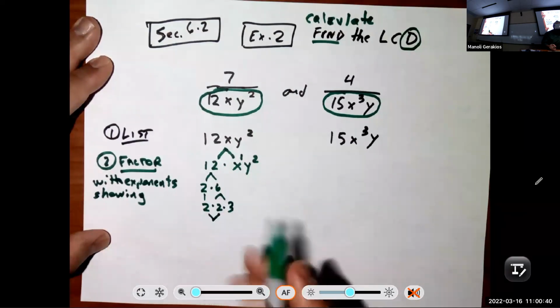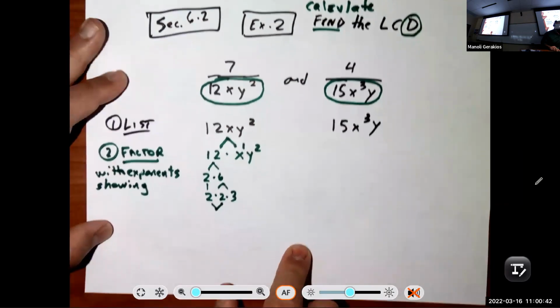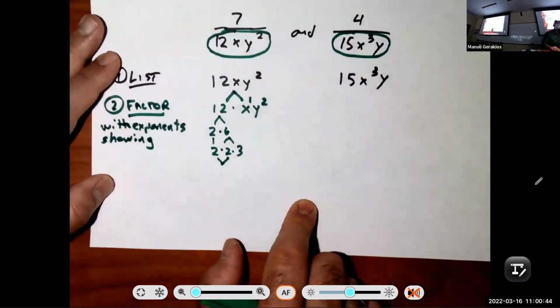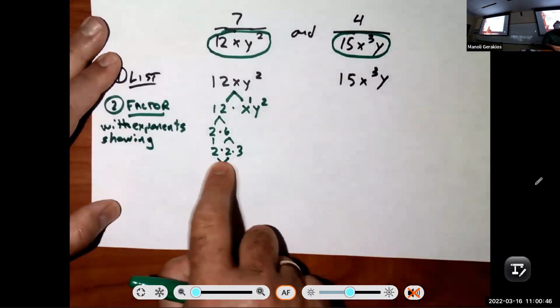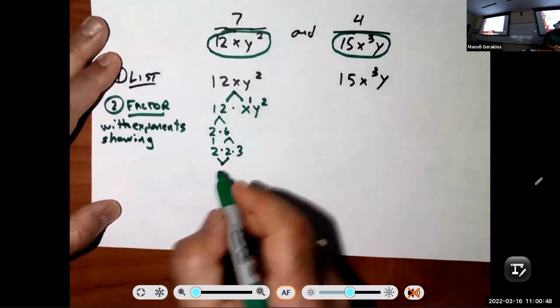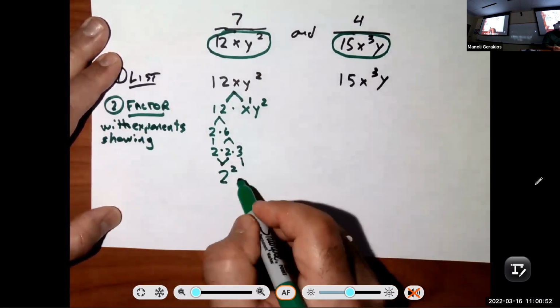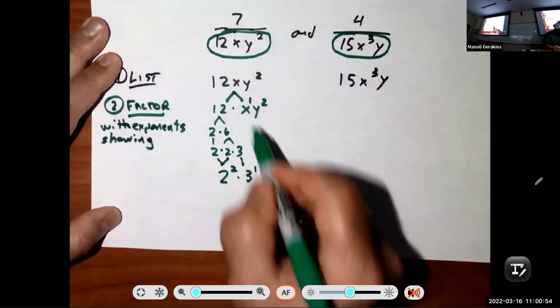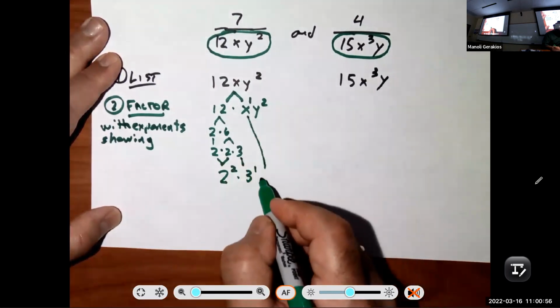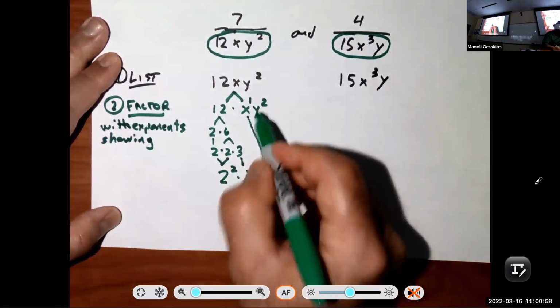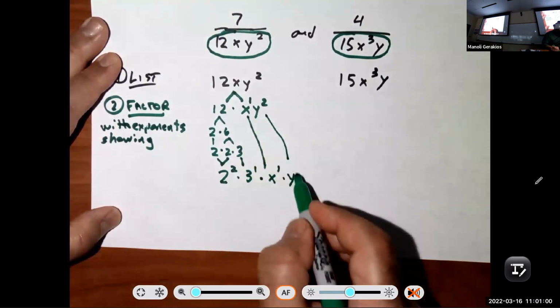Here's where I have to reduce this now down to exponential notation, because I'm down to prime numbers now, right? 2 squared, 3 to the first. I'm just going to bring these guys to the bottom. X to the first, Y to the second.